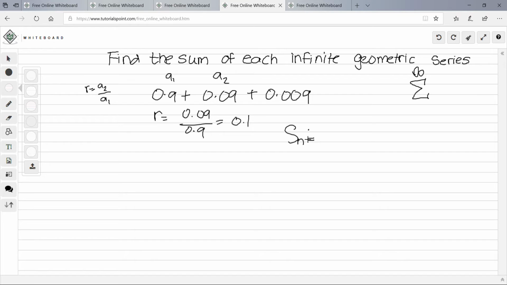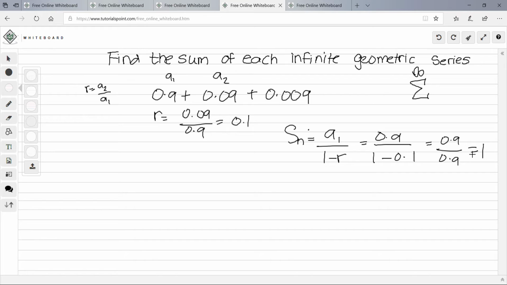S of n equals first term over 1 minus ratio. So we know that the first term is 0.9, and then 1 minus the ratio, which is 0.1. So that should give us 0.9 divided by 0.9, and then that equals 1.